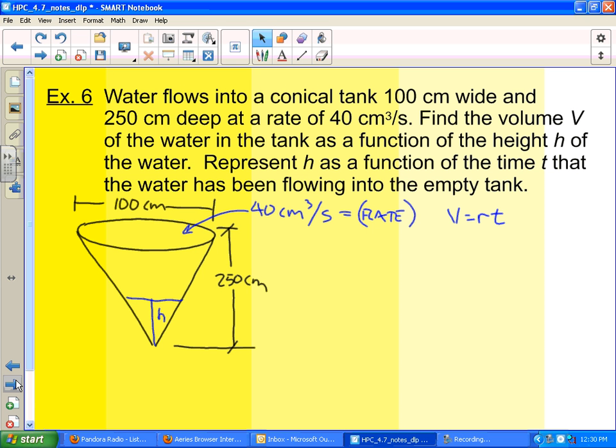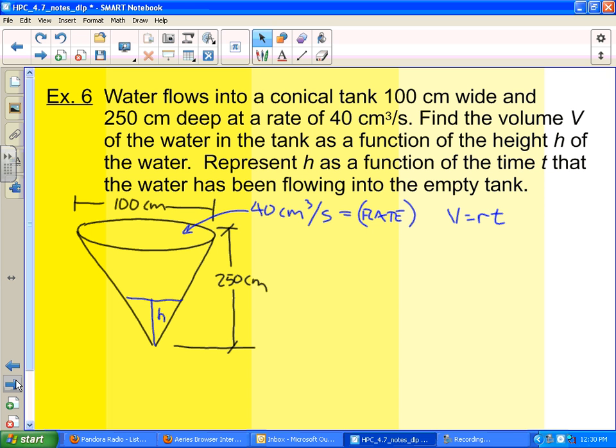All right, so let's see if we can get this one out here. Height as a function of time. We've got a couple different things. We've got the volume of a cone. We've got rates going into the cone. Again, hint on similarity: we've got similar figures here.